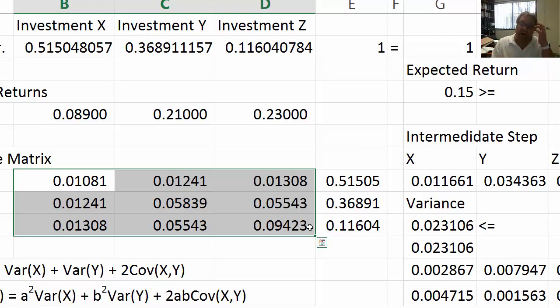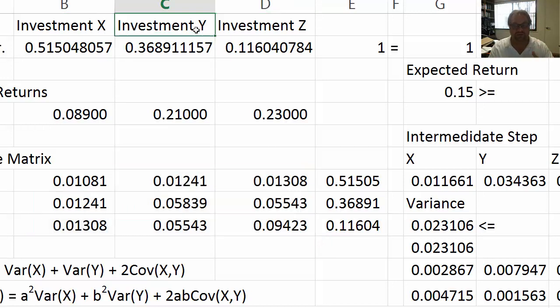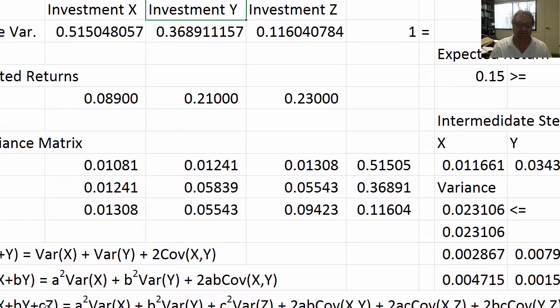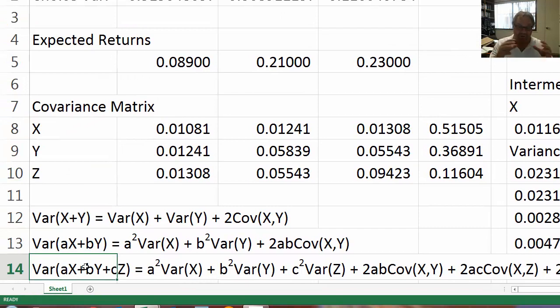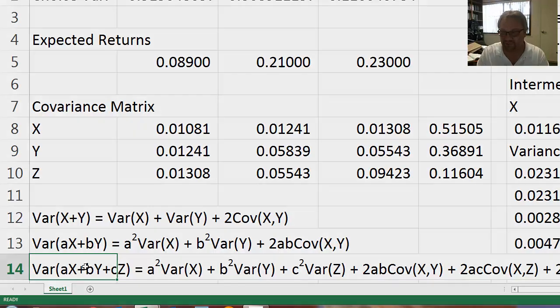I confess, the reason we use software is that even if you try to do this in Excel, as you start to add more and more investments, the variance formula grows exponentially. Ideally you don't want to do this in Excel if you're picking between 15 and 20 investments. That's a huge variance formula, and that's why we use these other software programs.